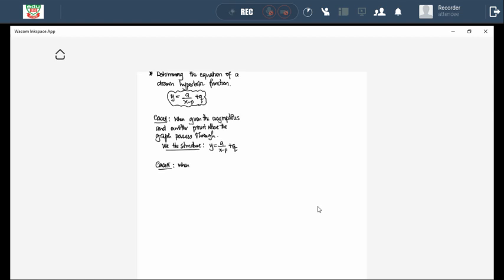This is when one is given the point of intersection of the two asymptotes and at least one point where the graph passes through.